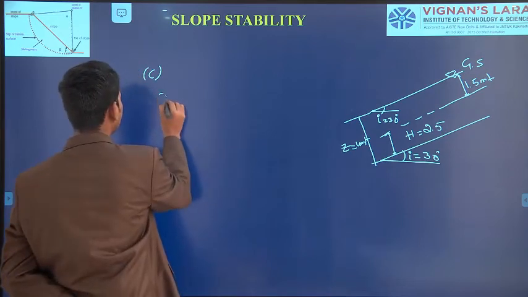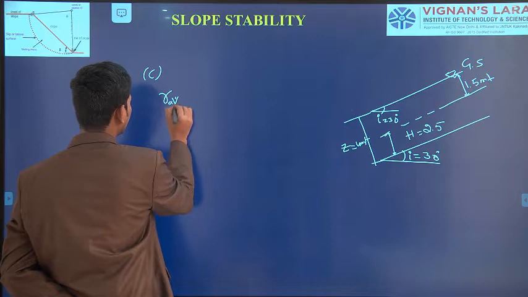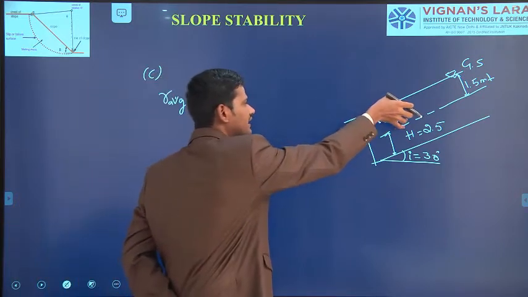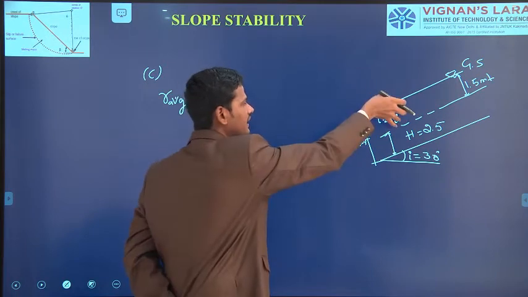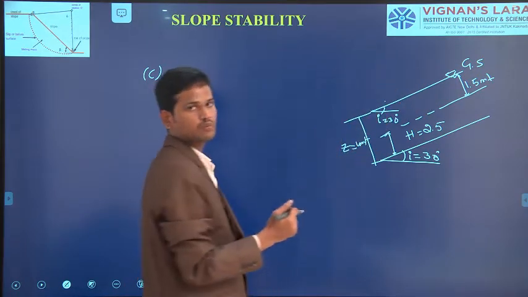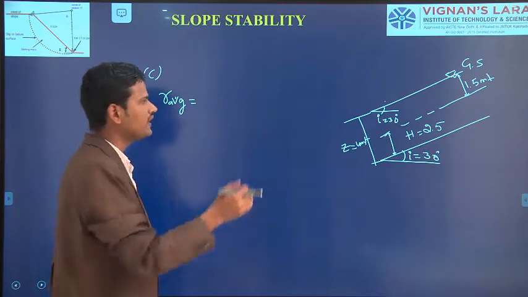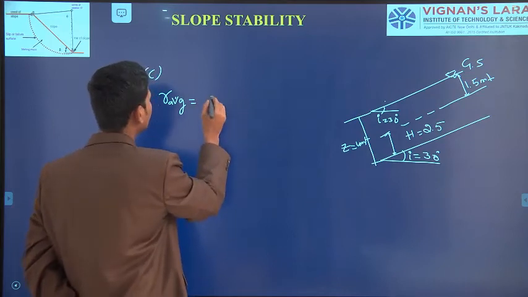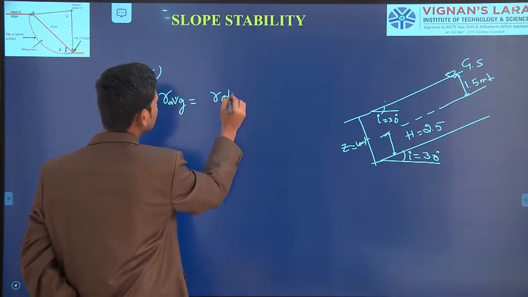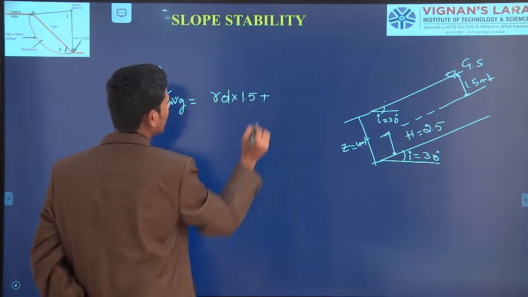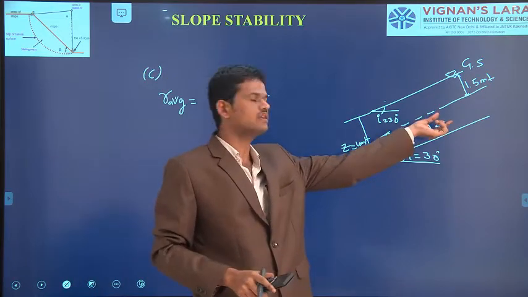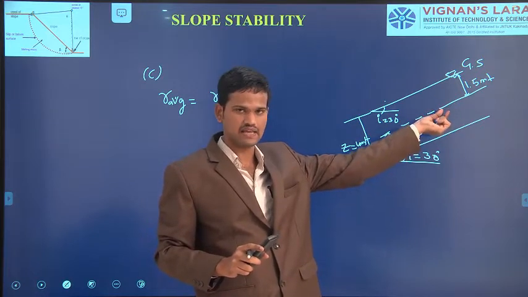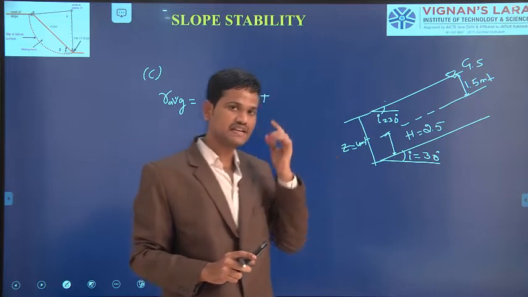How we calculate the average unit weight: gamma average equal to gamma d into the height above the water table, that is the unit weight of the soil above the water table and the depth over which that dry unit weight applies. That is gamma d into 1.5, plus, as here we have the soil with water present in it, the soil will be in a saturated condition.